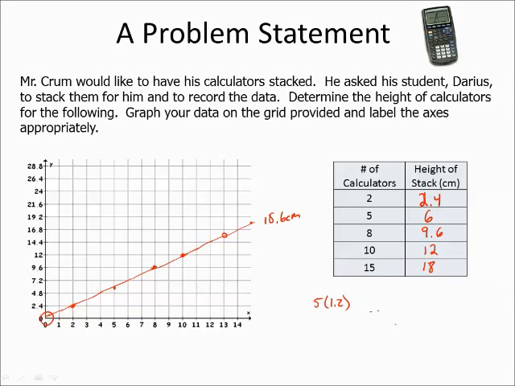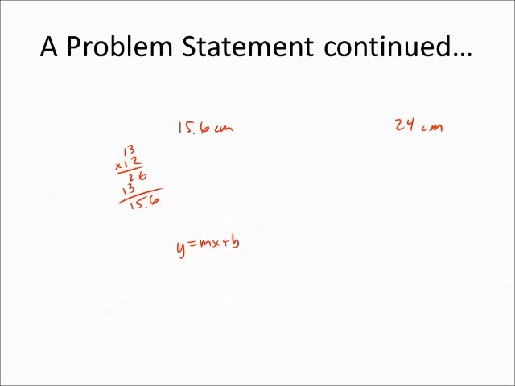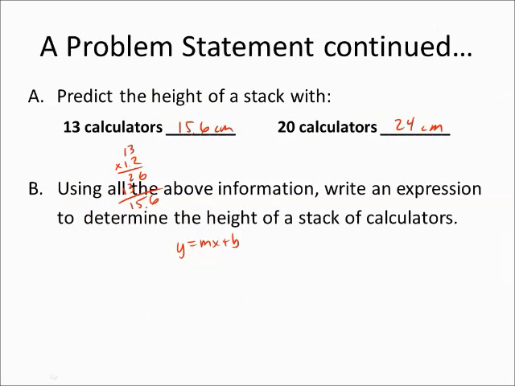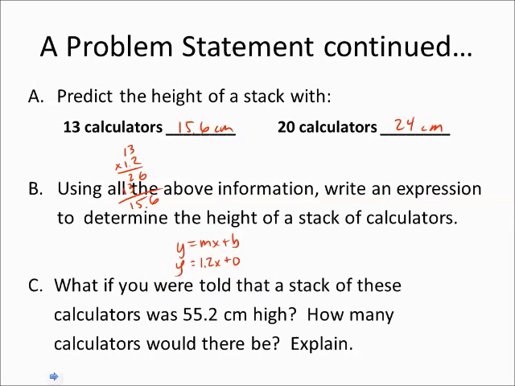You could just count it off on the graph, like to go from this point to that point, I went up from 2.4 to 9.6, so I went up by 7.2, and then I went over from 2 to 8, so 6, so 7.2 over 6. No matter how you do it, you're going to find that your slope is 1.2, and your y-intercept was, of course, 0. And so there is your equation.